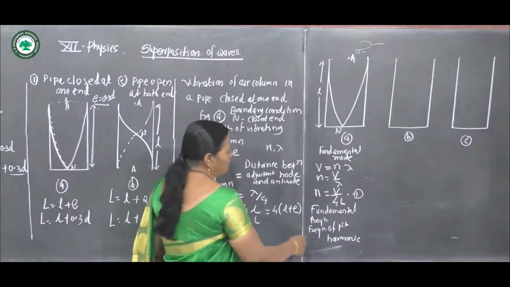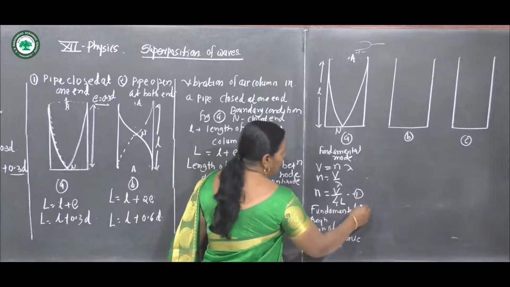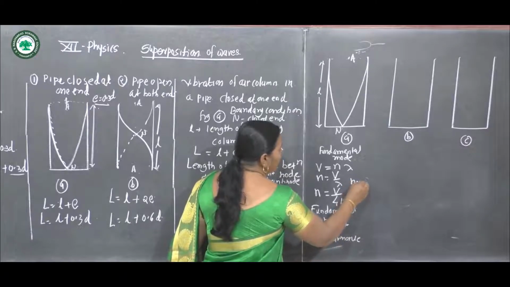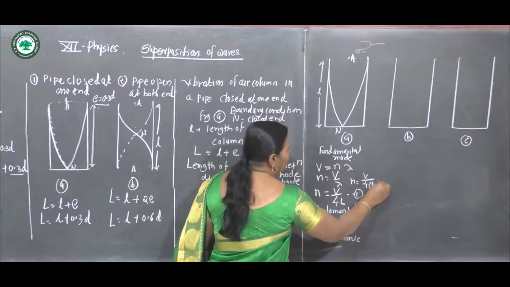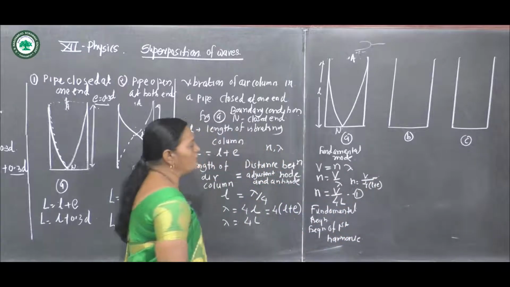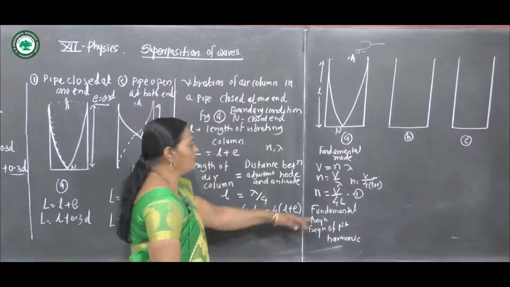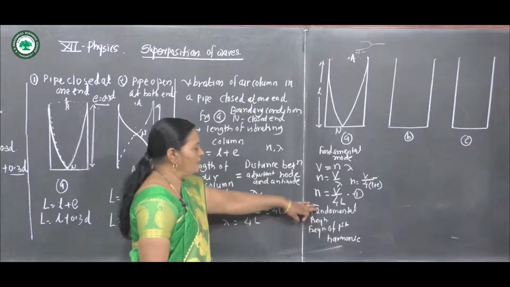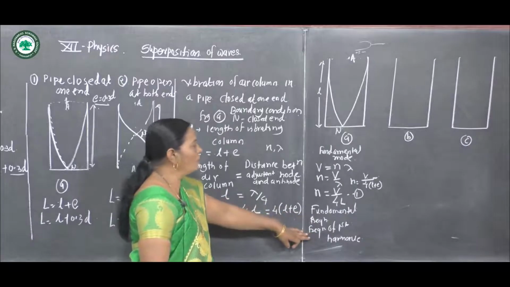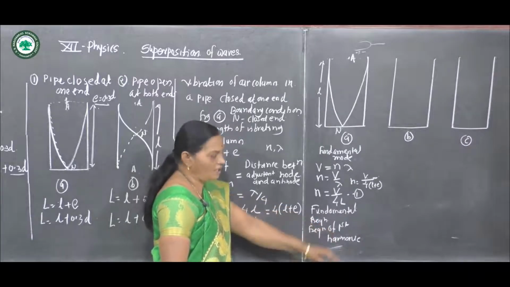We can also write n is equal to V upon 4 into L plus E. This is the frequency of fundamental mode. It is called the fundamental frequency or frequency of first harmonic.